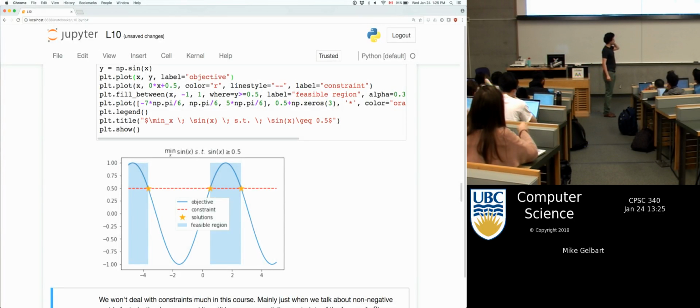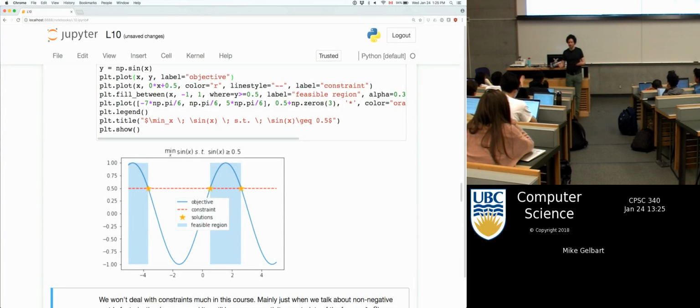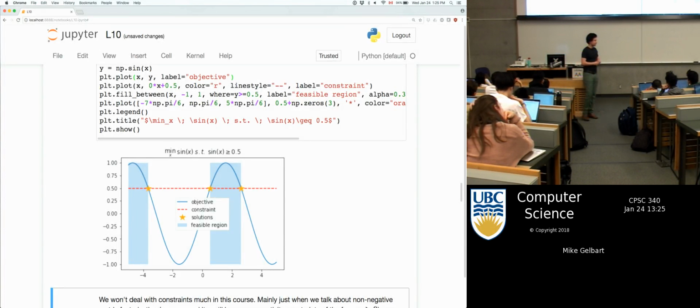And in blue, I've plotted the objective function. Of course, this one's a bit funny because sine is periodic, so we're going to have a bunch of solutions. But we're allowed to make x whatever we want, and we want to make the function as small as possible. Normally we could make it -1 if we could just pick any value we wanted.